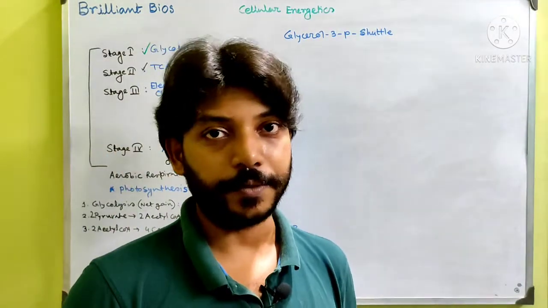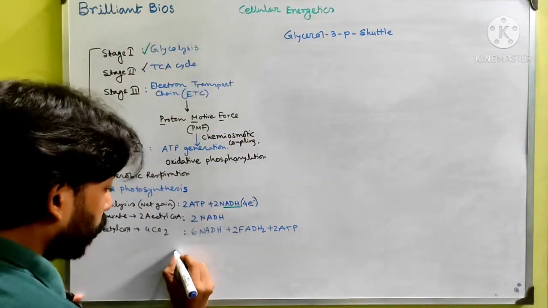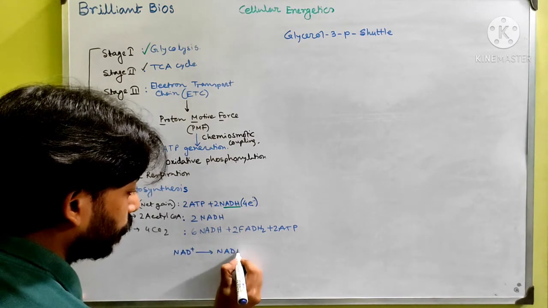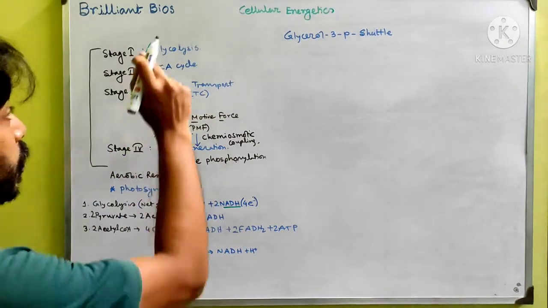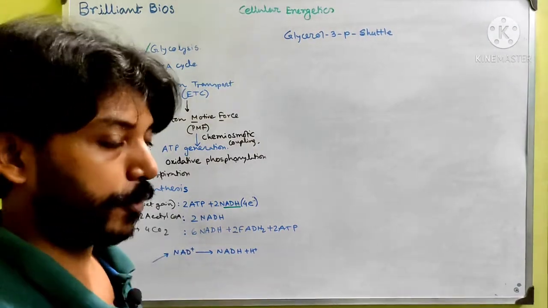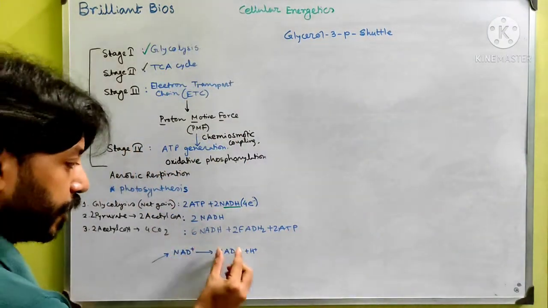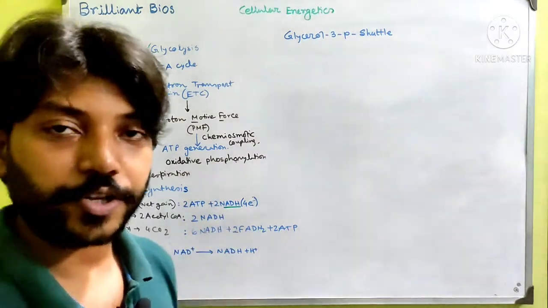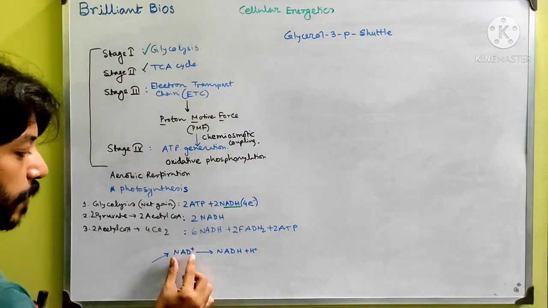Now the problem is that there are two problems. The first is, in the cytoplasm NAD plus is converted into NADH and H plus. To continue the glycolysis mechanism, a continuous supply of NAD plus is required, because this NAD plus gets reduced to NADH and eventually carries the high energy electrons.